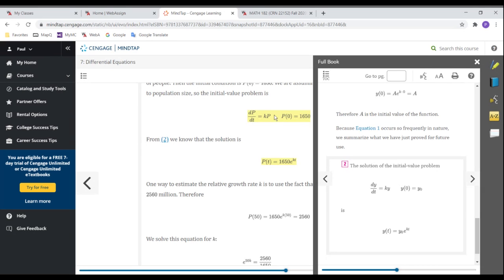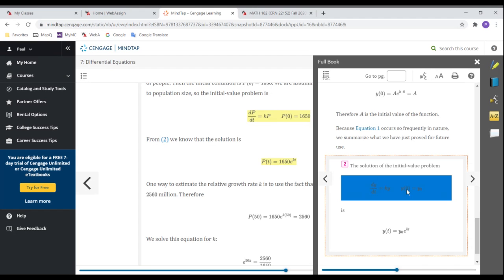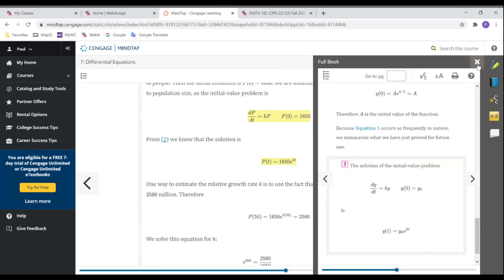The differential equation and the initial condition fit the model, so y of t equals y sub 0 times e to the kt. So P of t will equal 1650 times e to the kt. 1650 is our initial population.